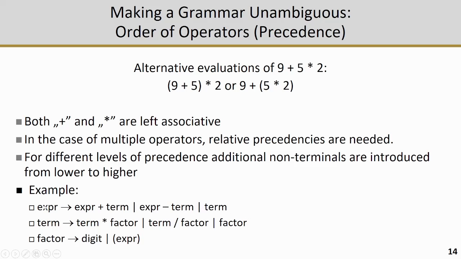So we can go from a lower level of precedence to a higher level by deriving the higher level from a lower level non-terminal by a rule, and it ensures that the parts with higher preferences will be lower in the parse tree, and that's why it can be evaluated first and the lower level later on.